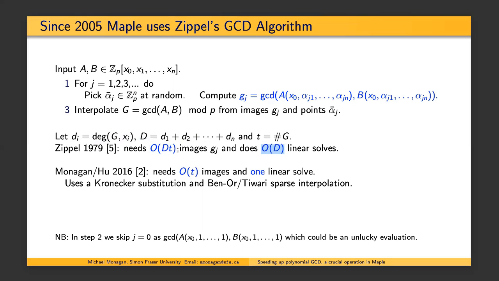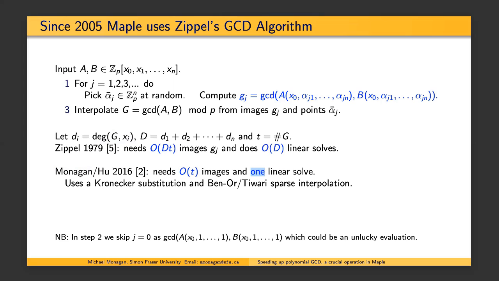So it needs order dt images, and it does order d solves. Several years ago, I and one of my PhD students, Lucas Hu, developed an algorithm that needs only order t images and does one linear solve. So there's a factor of improvement there of order d. And the idea of the algorithm is to use a Kronecker substitution, and we use a Ben-Or–Tiwari sparse interpolation.